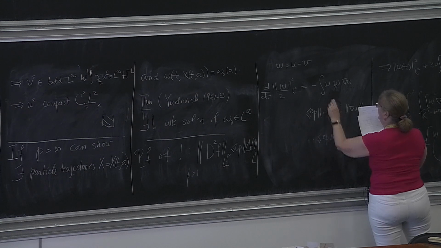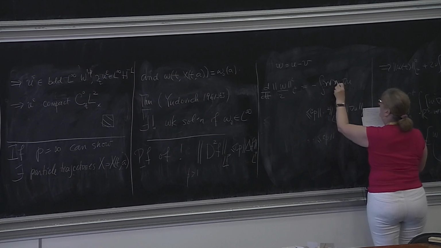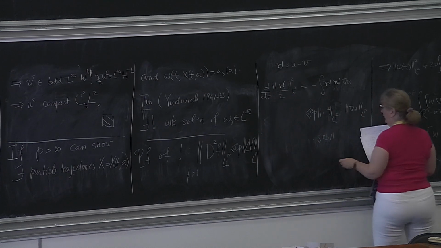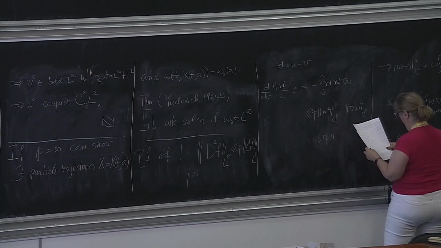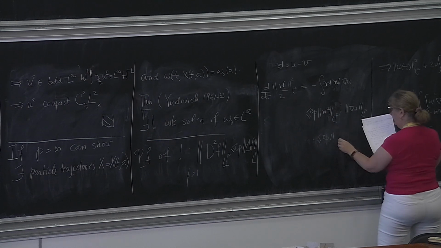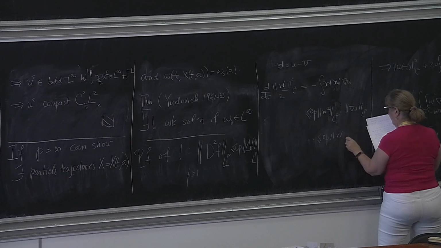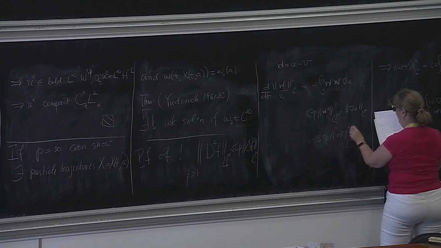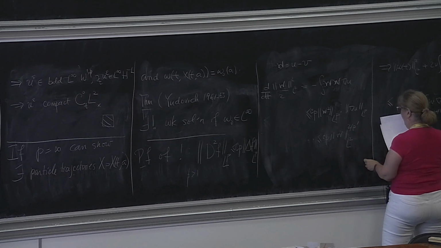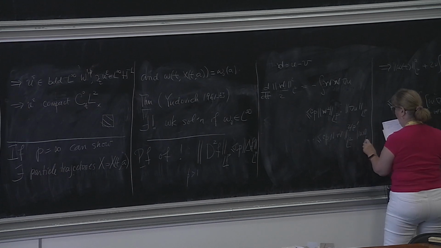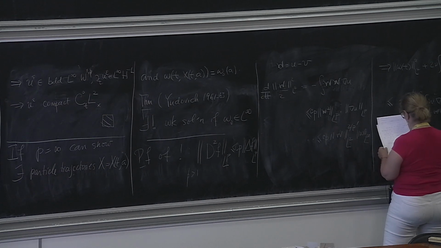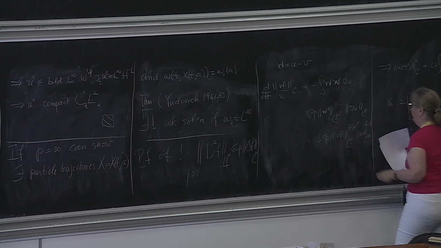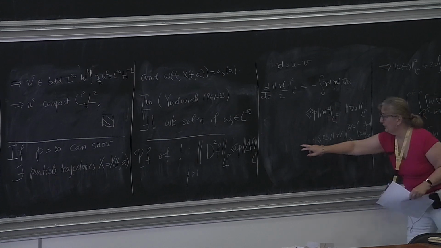This is not omega, that's why it's a W. Messing up here, this is W. So finally, I wind up with this. I'm going to get an L2 here, 2 over p prime, and omega in L infinity to the 2p prime minus 1. There's a bunch of calculations in between.